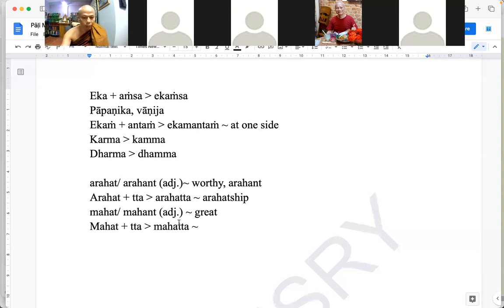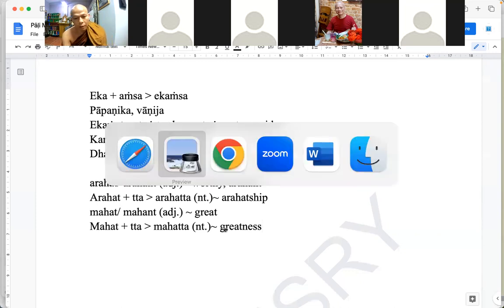So that is a noun now. Arahatta is also a noun now, and mahatta is also a noun now. The adjective means great, but here the noun is greatness. Later, we will see many such forms.